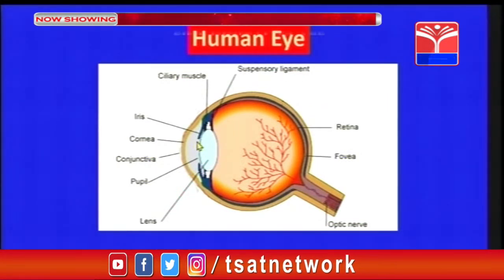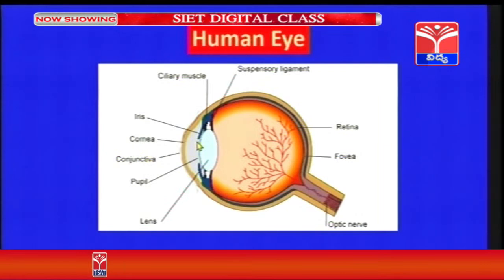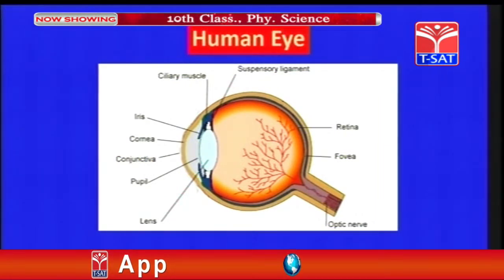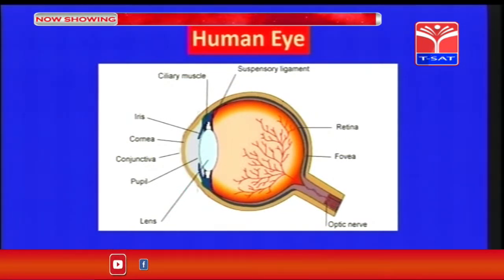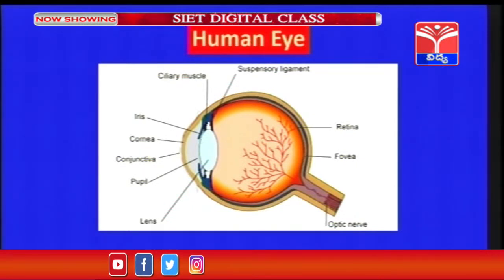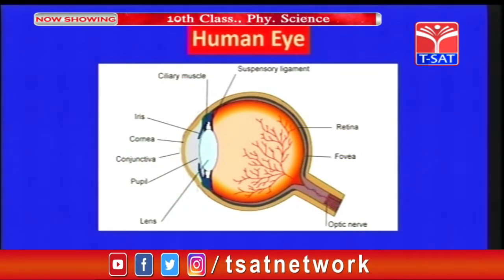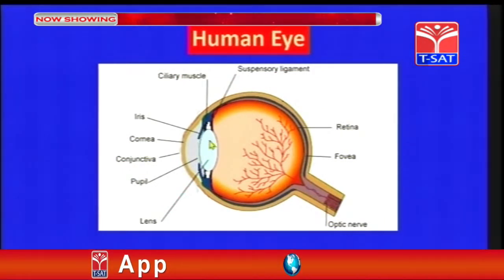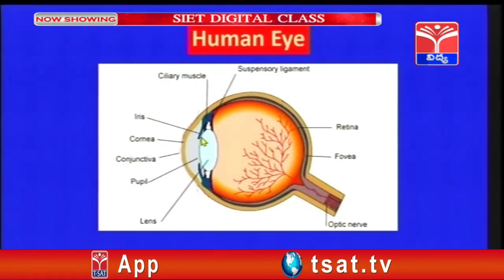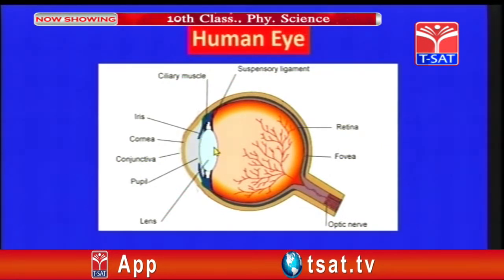This means the iris makes the pupil contract in bright light conditions. When there is more light, the pupil contracts with the help of the iris, so it can avoid excess light entering the eyes. In low light conditions, the iris makes the pupil expand to allow more light into the eye.